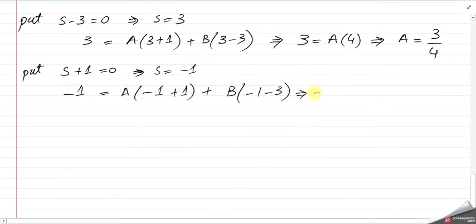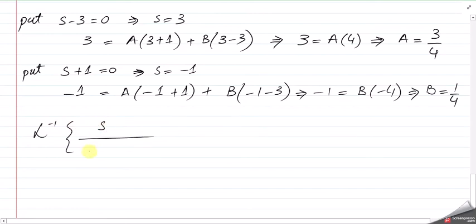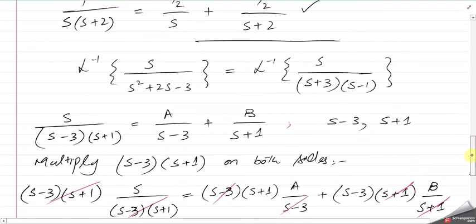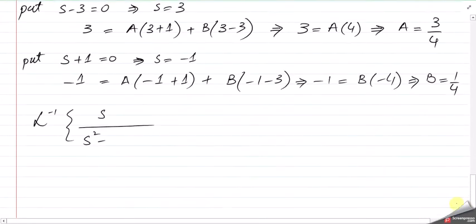That gives minus 1 equals b times minus 4, so b equals 1 by 4. So our question, Laplace inverse of s over s square plus 2s minus 3, becomes Laplace inverse of a, which is 3 by 4.